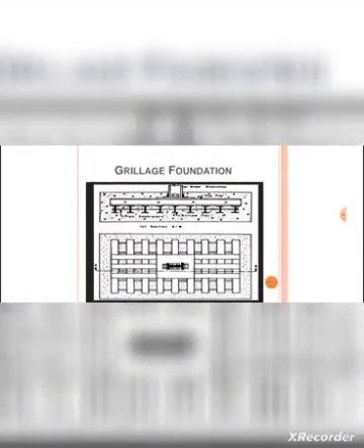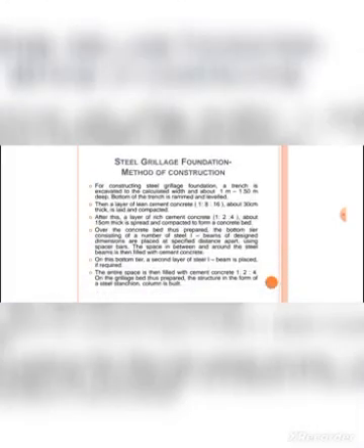This is a pictorial representation of the grillage foundation. Depending upon the material used in construction, there are two types: steel grillage foundation and timber grillage foundation. Steel grillage foundation is made up of steel, and timber grillage foundation is made up of timber.